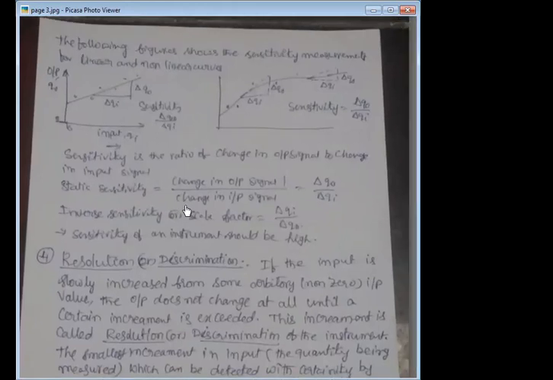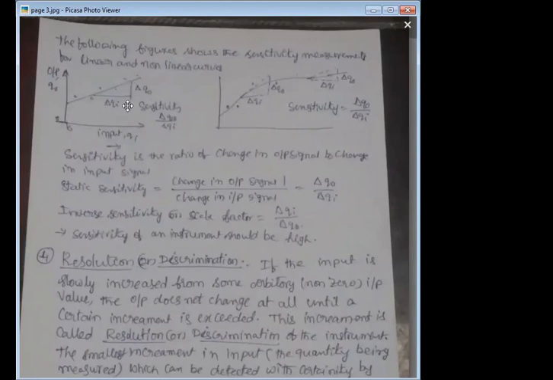The following figure shows the sensitivity measurements. Here this is a curve, and it has a change of input. For this change of input it has a change of output. So sensitivity means the change in output signal to the change in input signal.